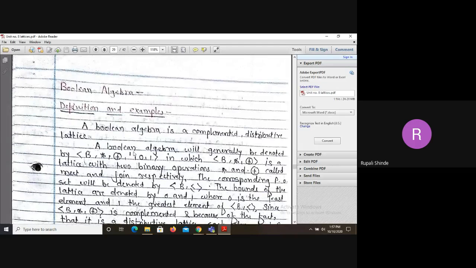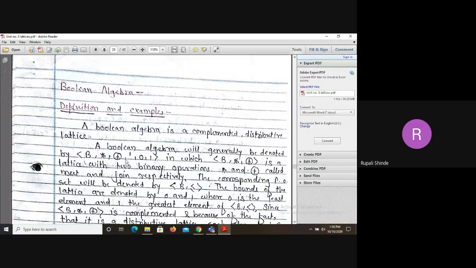So now we will see how we can represent this Boolean algebra. So a Boolean algebra is denoted by B, star, XOR, complement, 0, 1. So why is this included here? Complement, because in the definition itself they have given Boolean algebra is complemented distributive lattice. So B is for Boolean algebra, star and XOR and complement.